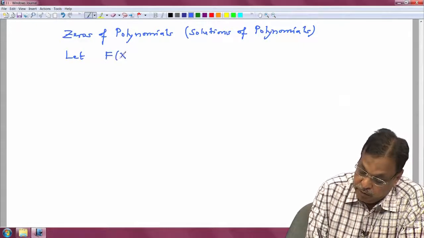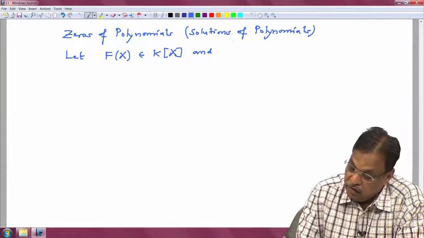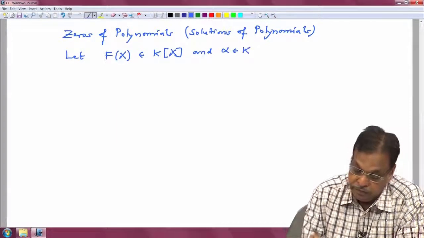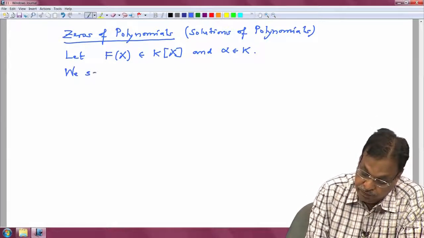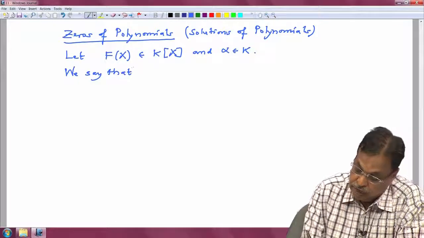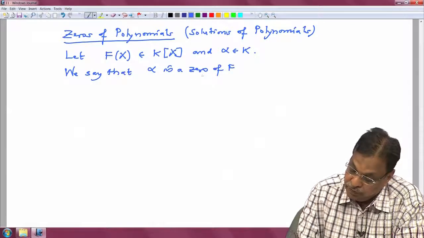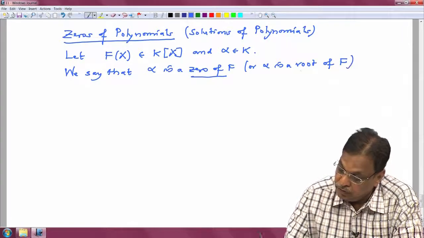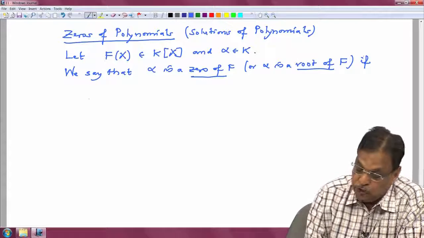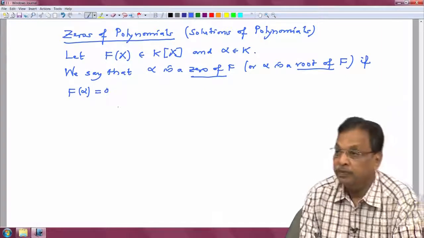So, let f(x) be a polynomial with coefficients in the field K and alpha be an element in K. We say that alpha is a zero of f, or some people say alpha is a root of f, if when you substitute x equal to alpha, f(alpha) becomes 0.